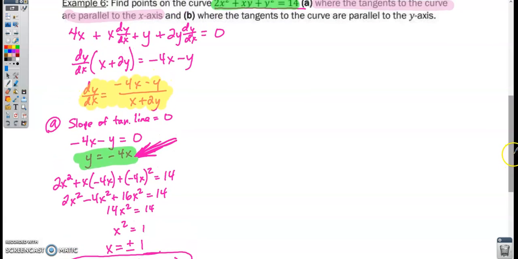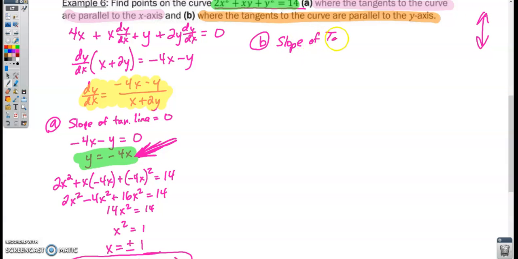Now in part B, we want the tangent line to be parallel to the y-axis. If it's parallel to the y-axis, that means it's vertical.